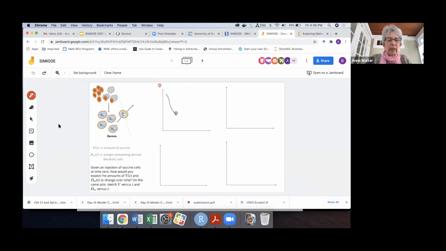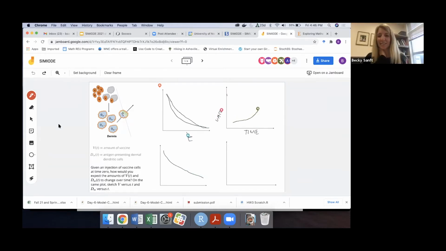So what are you thinking if we inject a vaccine? And we're going to inject a vaccine at some time. Perfect, all good. And then the dendritic cells activated, they're going to go up. Okay, good.